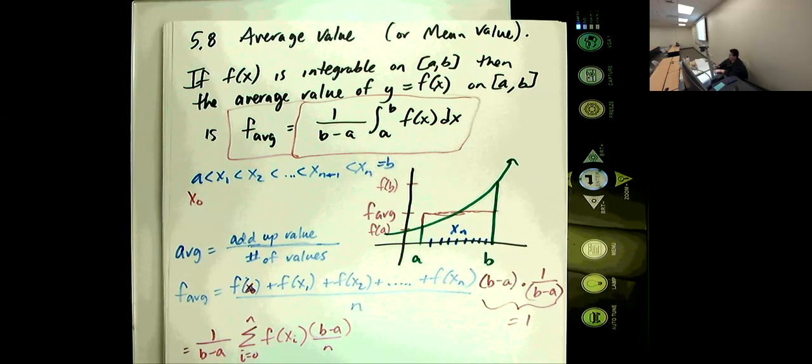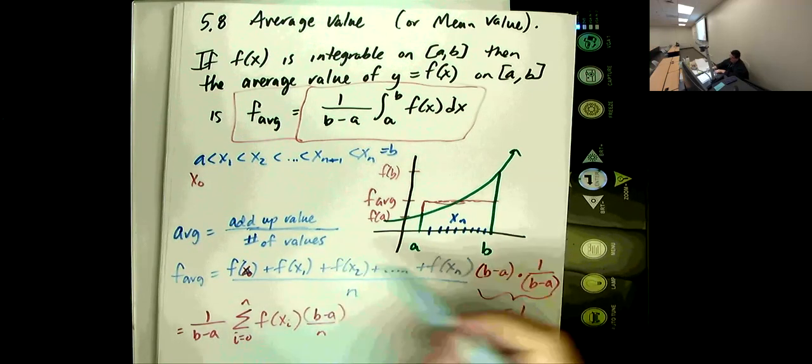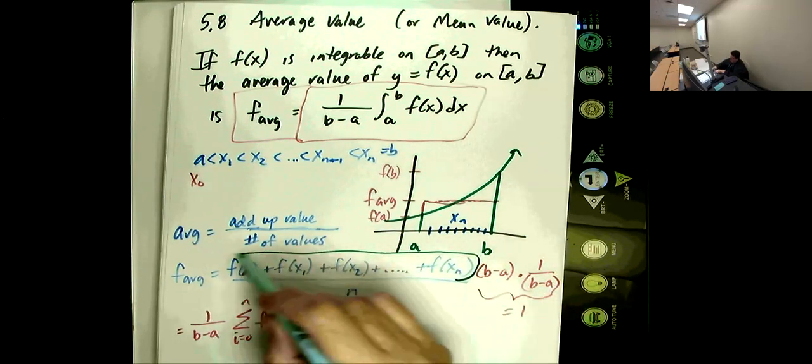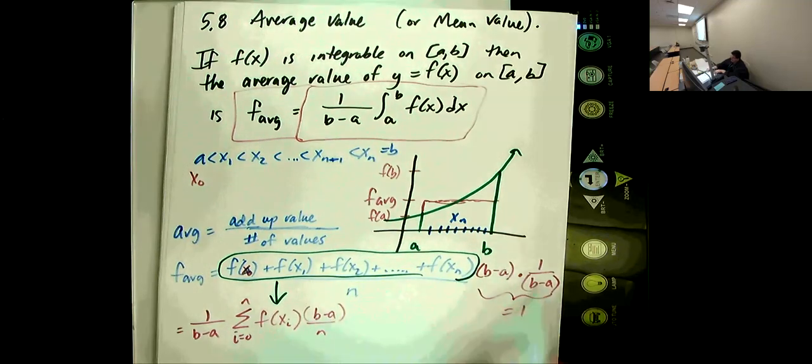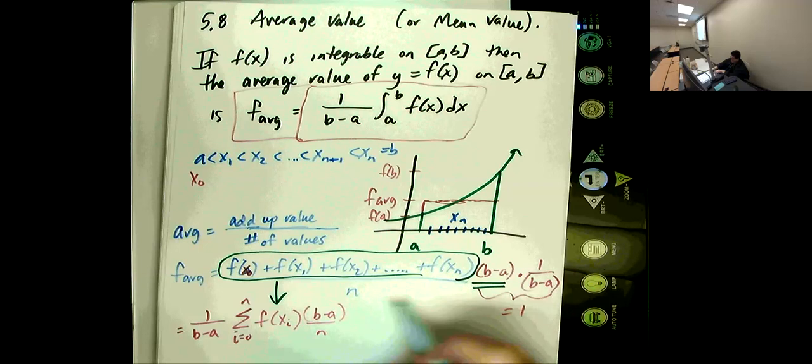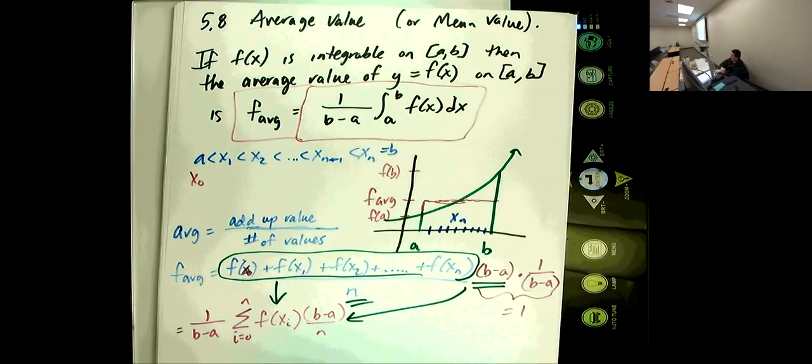Does that make sense so far? So this part is the summation. And this part gave me the b minus a over n.